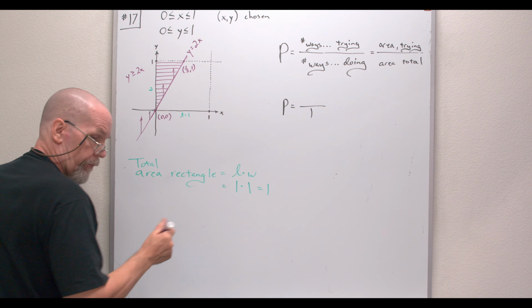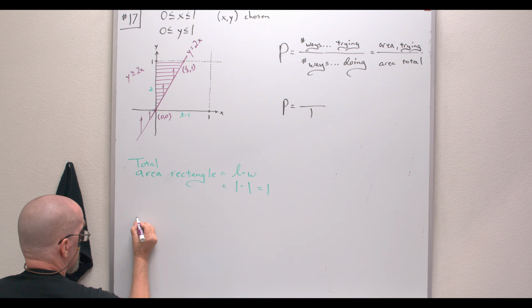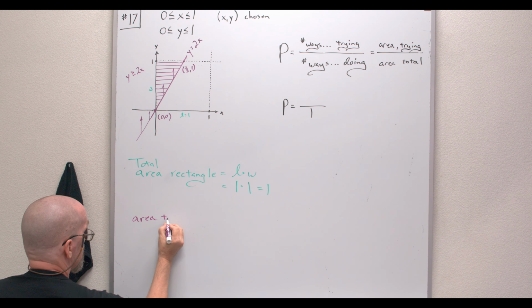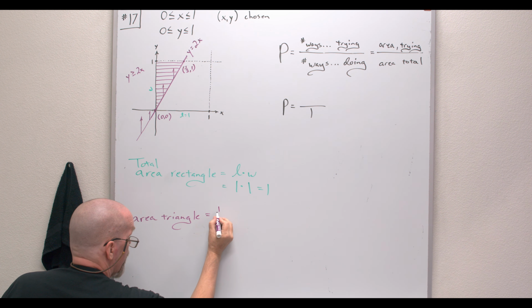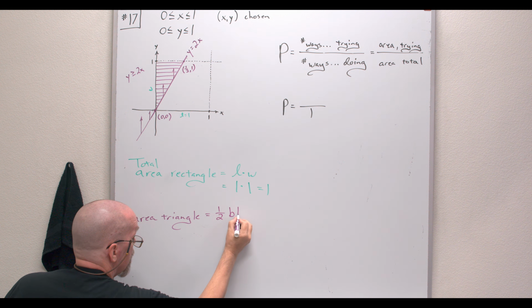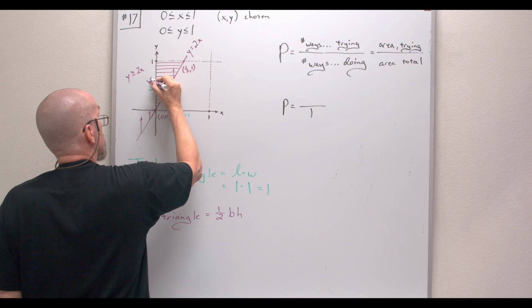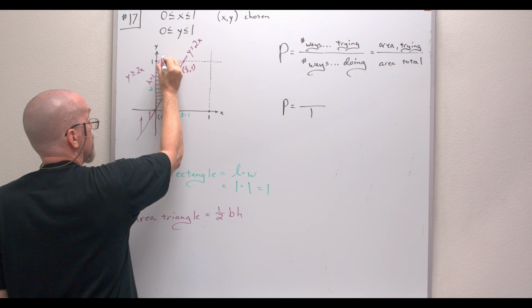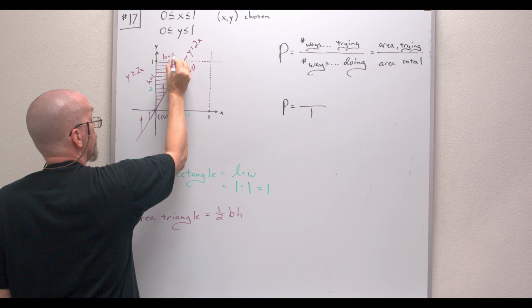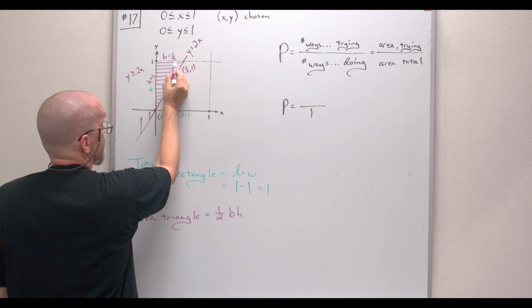The area of a triangle is 1/2 times length times width, but it's a different length and width. Hopefully you remember that's 1/2. They usually use base times height. For us, if I look at from there to there as being the height, this triangle is 1 unit high. It's 1/2 unit for the base because that x value there of 1/2 is how wide it is right there.